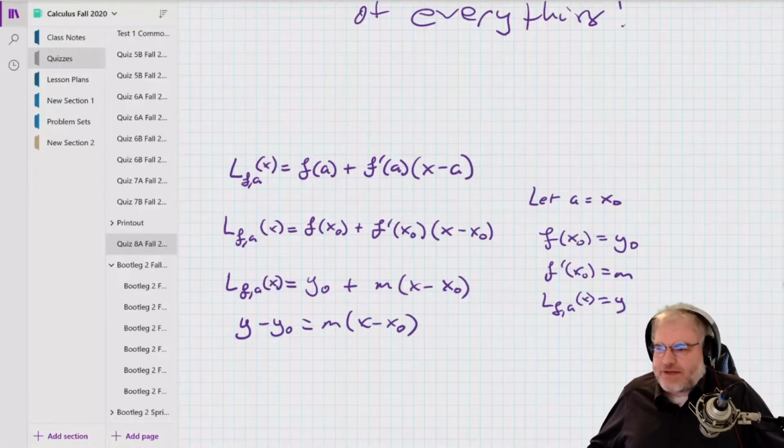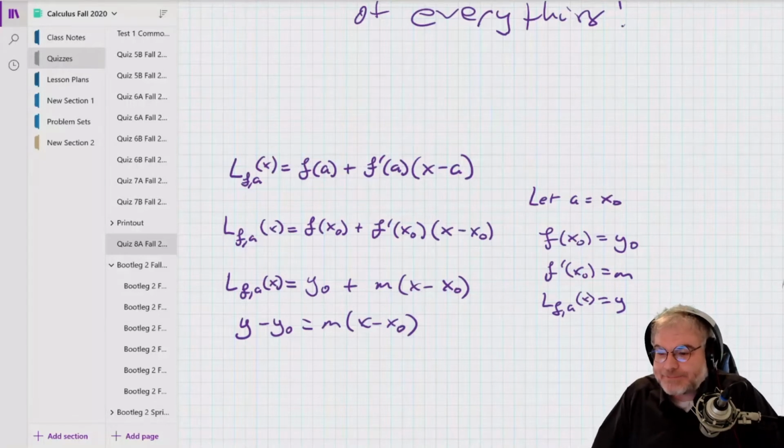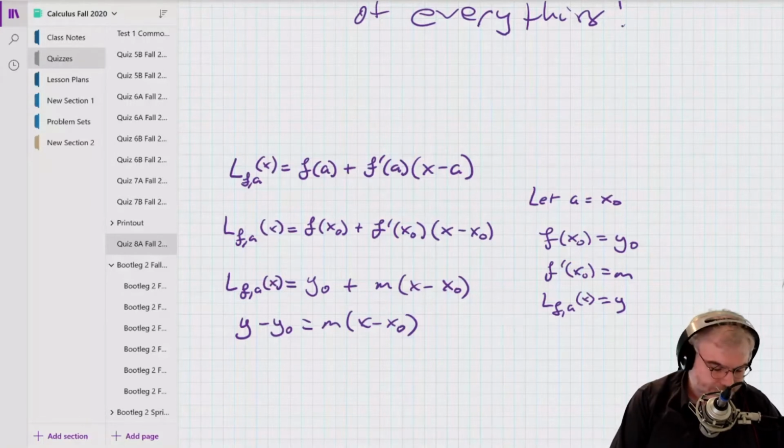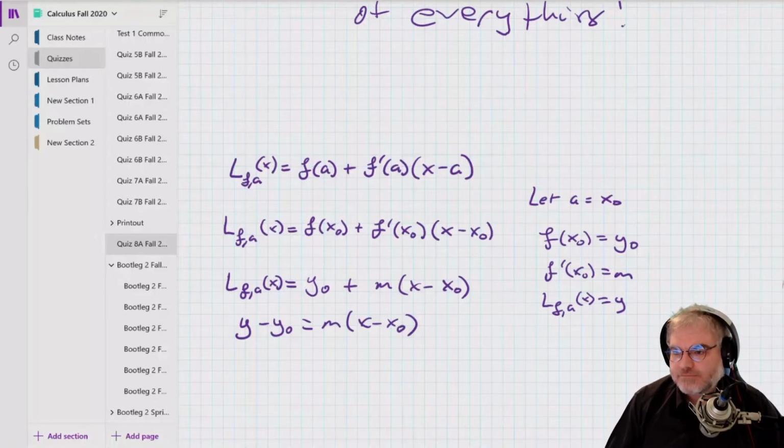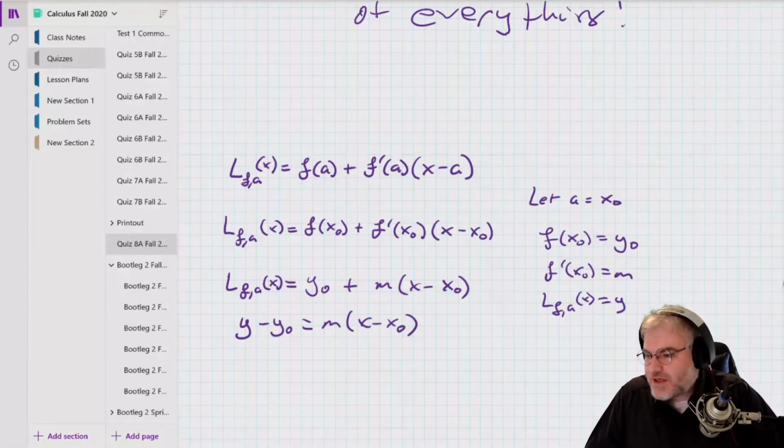So what is the linearization? Anybody? What is this function? Bueller. It's an equation for a straight line.